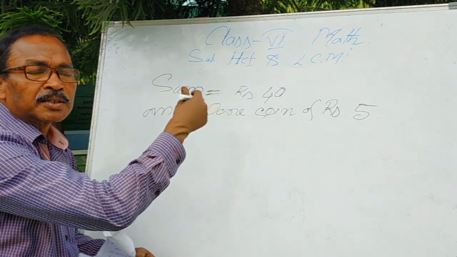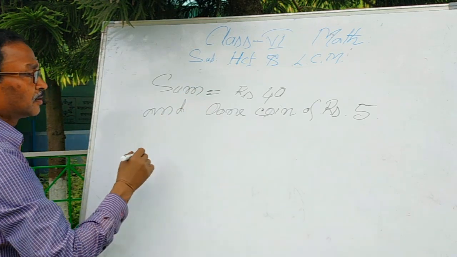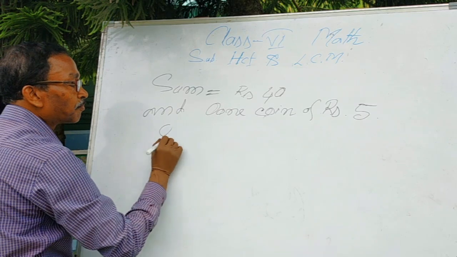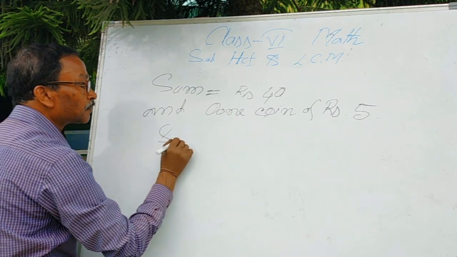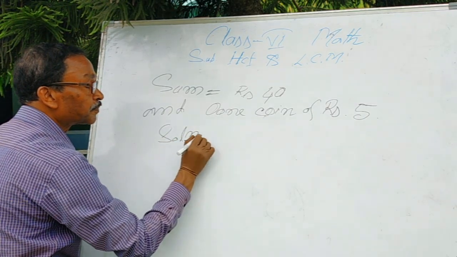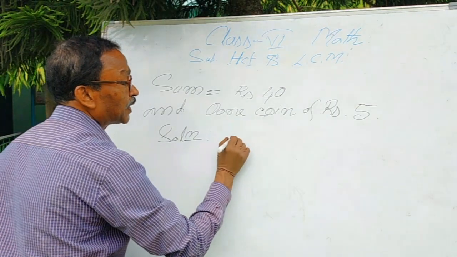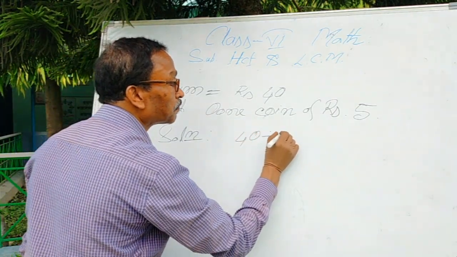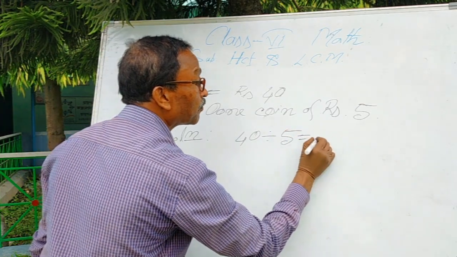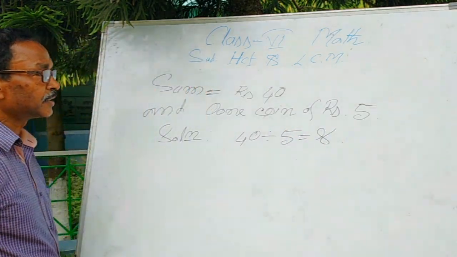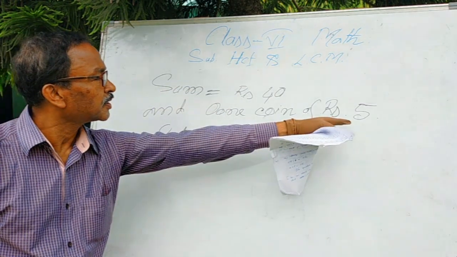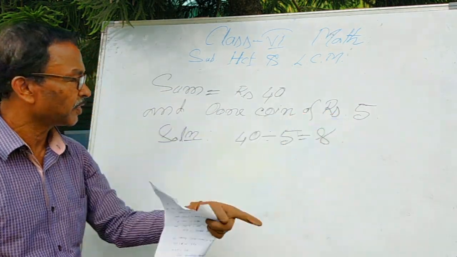Here we divide the total rupees by the minimum rupees 5, we get 8.